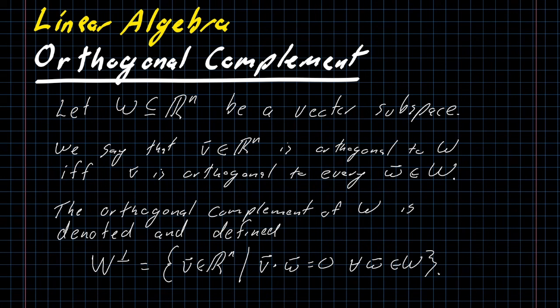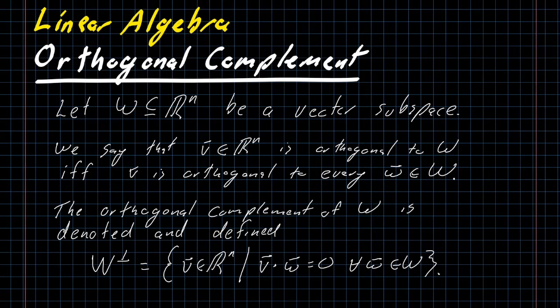The orthogonal complement of W is denoted as W with an upside down T. You may have seen this upside down T used to mean orthogonal or perpendicular in other contexts. So we can read this as W perpendicular, or the orthogonal complement of W, which is a little bit more verbose, but not a lot.